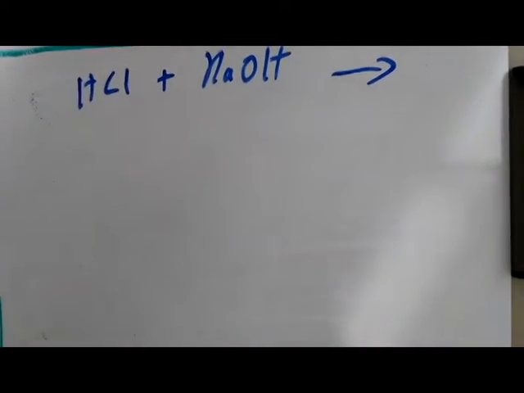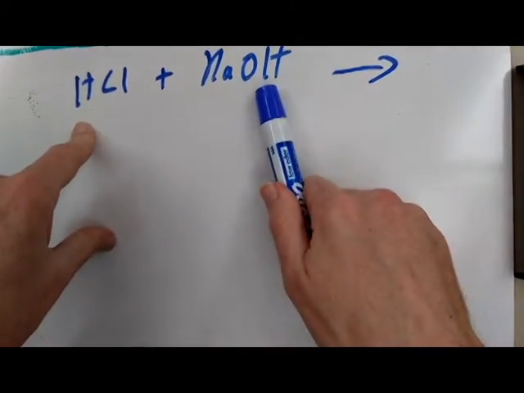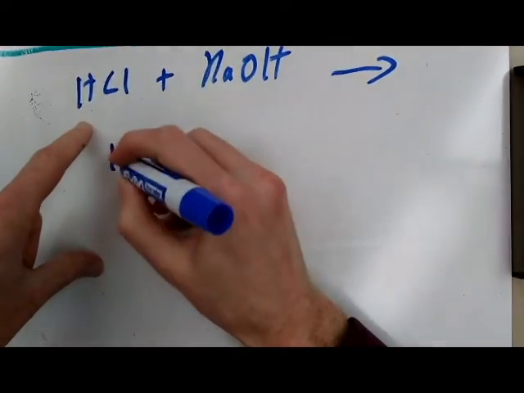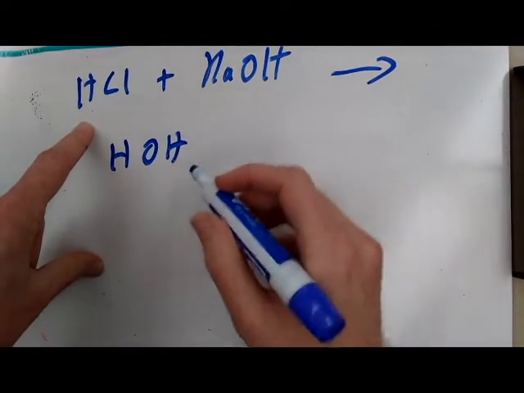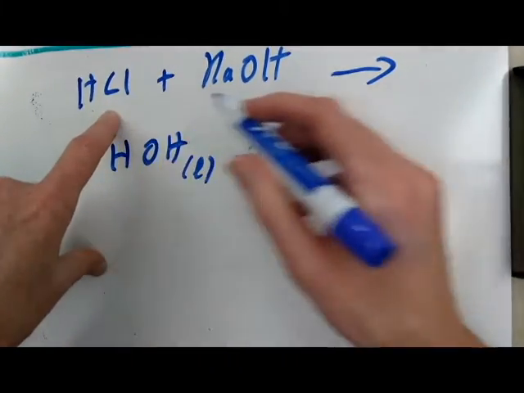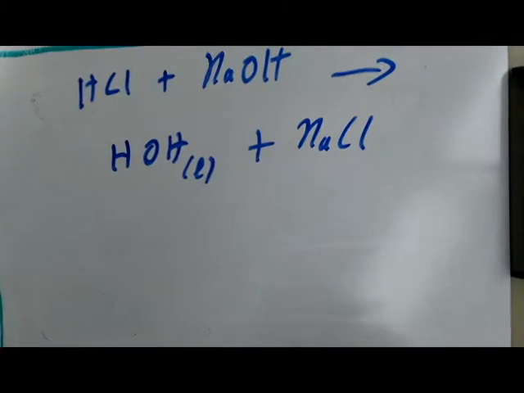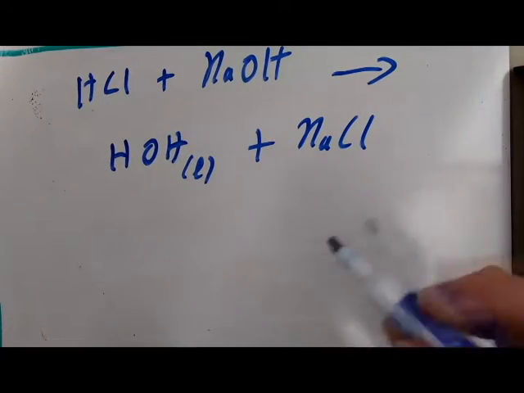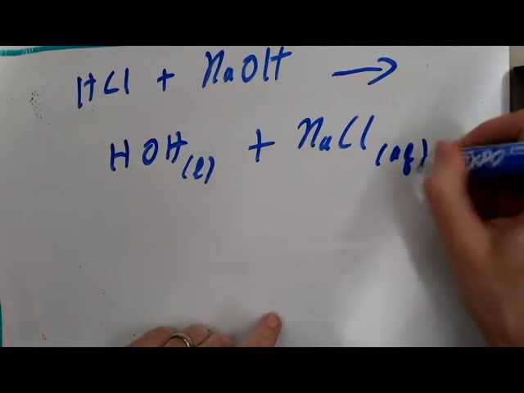So when we switch our cations and anions, we have hydrogen and hydroxide, so that gives us the HOH again, our H2O, our water, that's going to be a liquid. And we have sodium chloride left over, are the two other ions that we had. So we're going to get water and sodium chloride, and if you look this up, this is going to be aqueous as well.